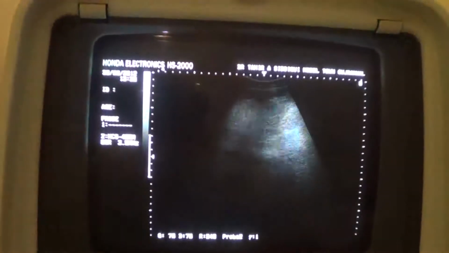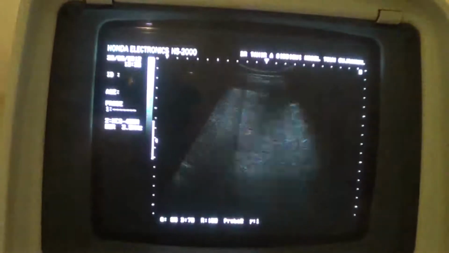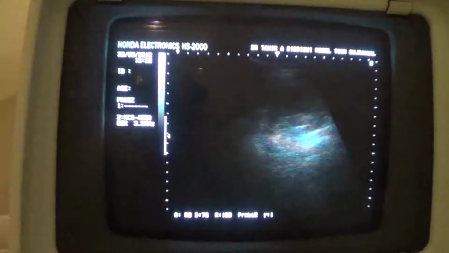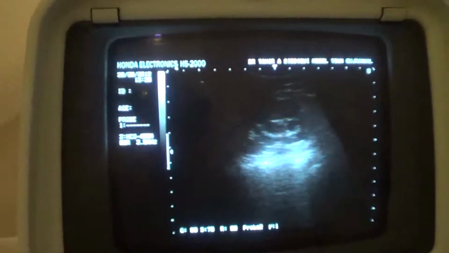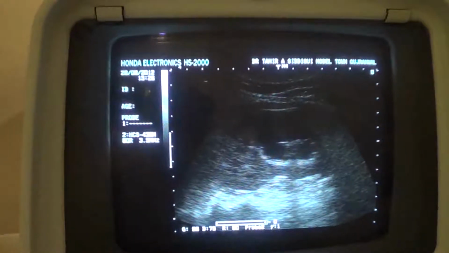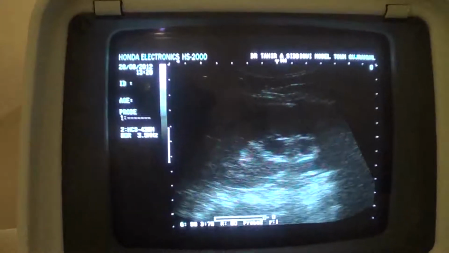If it gives a mass effect on the ureter, we will see hydronephrosis. Here you see, this is the left kidney, and you can see the dilation of the calyces. I have magnified the view. This is the kidney.